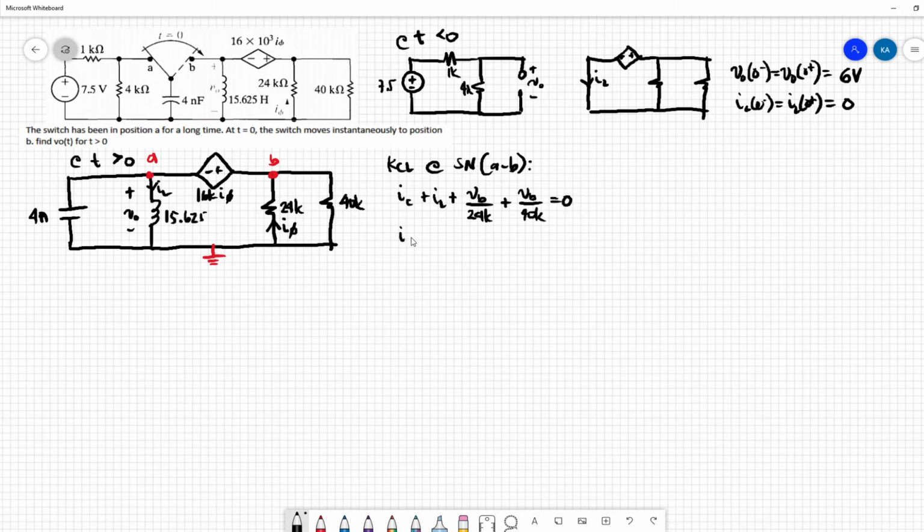We can write this as iC plus iL plus 1 over 15k VB equal to 0.